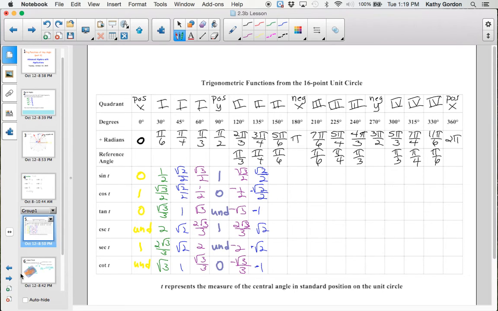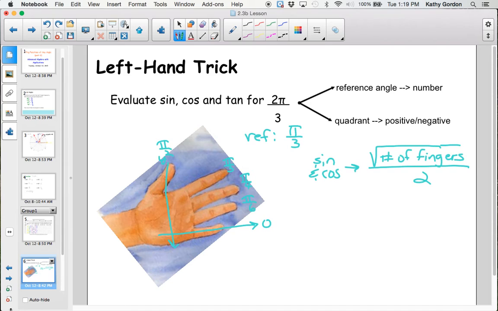Right? So on my fingers, if I put down the pi over 3, then how many fingers are left to the left of my finger that's down? Thumbs get to count as fingers in this. There's 1, right? There's 1 still sticking up here.